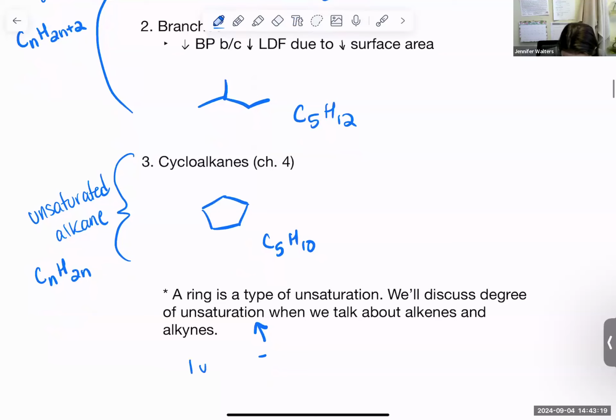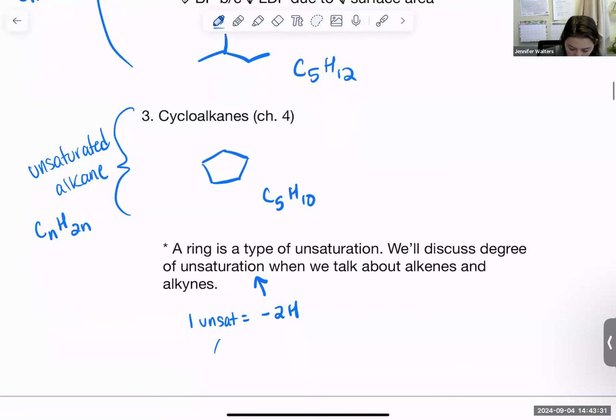So one unsaturation equals minus 2 hydrogens. Our types of unsaturations are going to be pi bonds and rings. Each pi bond will be one unsaturation, and each ring will be one unsaturation.